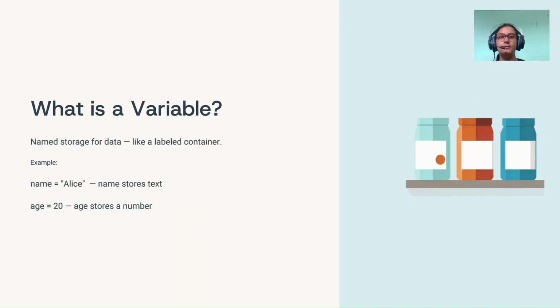So first of all, what is a variable? A variable is a named storage location somewhere in our systems. You can also compare it to a storage container, or if I have to give you a real life analogy, you could think about the contacts you have saved in your mobile phones, right?